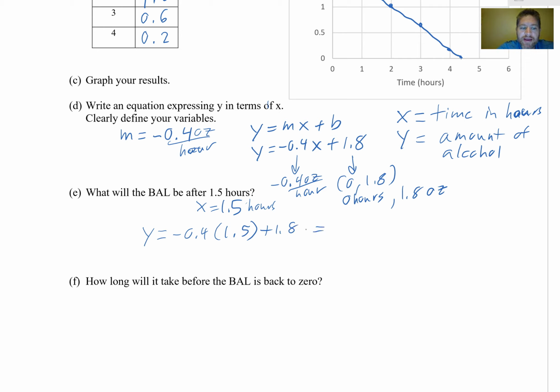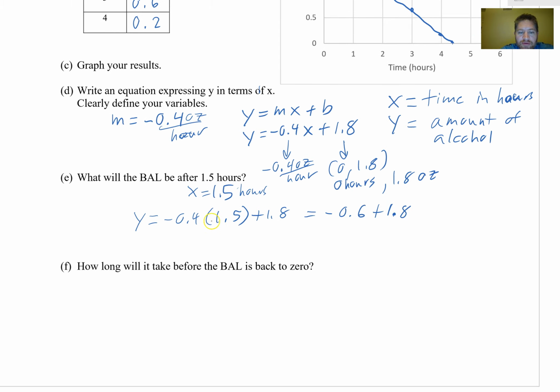And we multiply that out. So 0.4 times 1.5, what is that? That would be double, it's 0.6. So negative 0.6 plus 1.8. It's also half of the way.